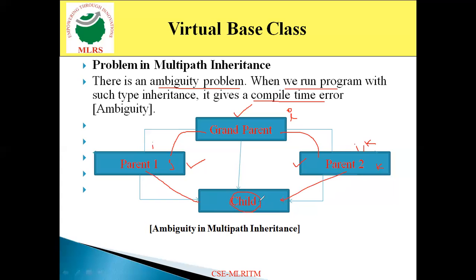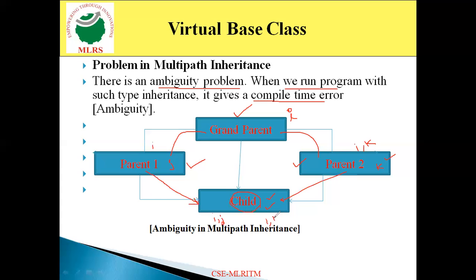Then definitely the data members of parent 1 will be in the child class, and also the data members of parent 2. So first, parent 1's data members are I and J, and similarly parent 2's data members are I and K.